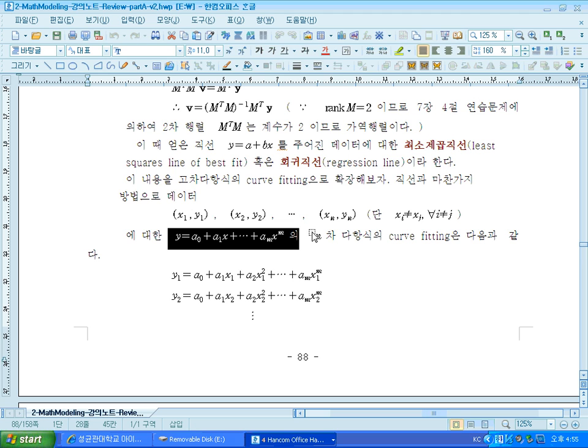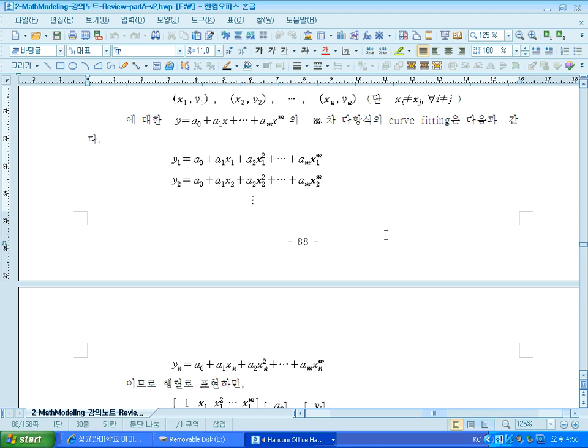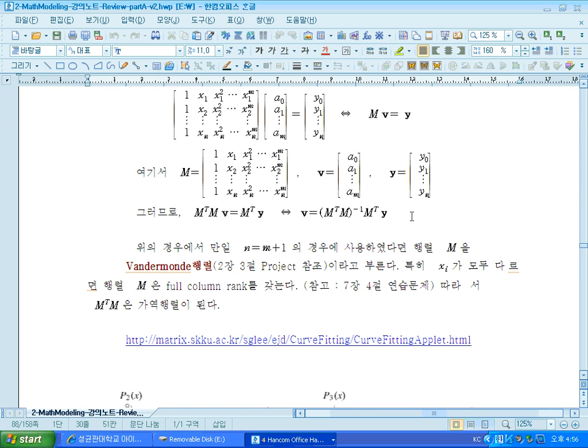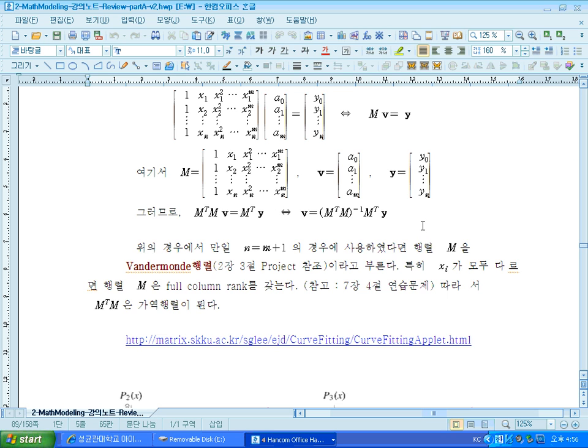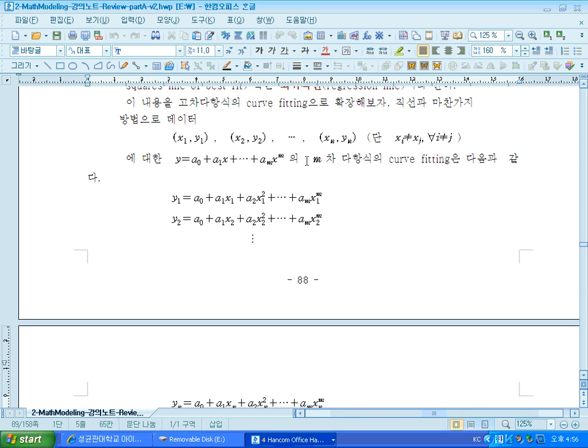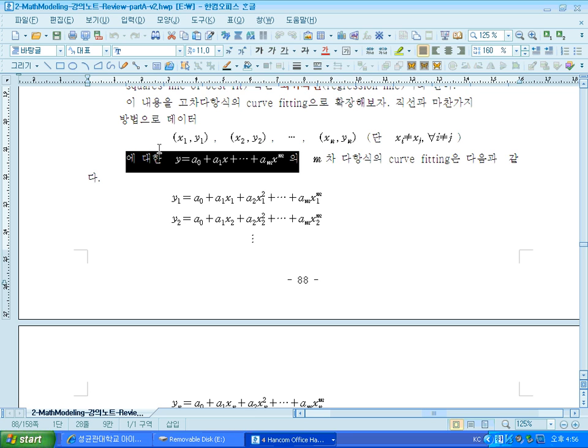So with this simple mathematical model, by using a couple of basic properties of linear systems of equations and matrices, we can easily find the polynomial of best fit.